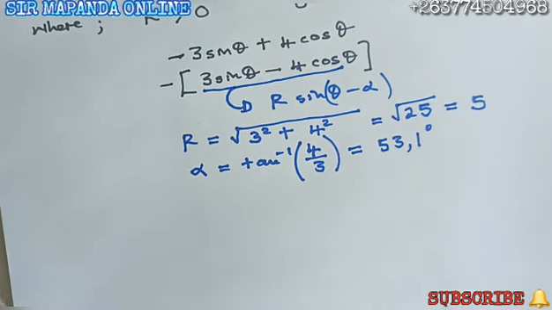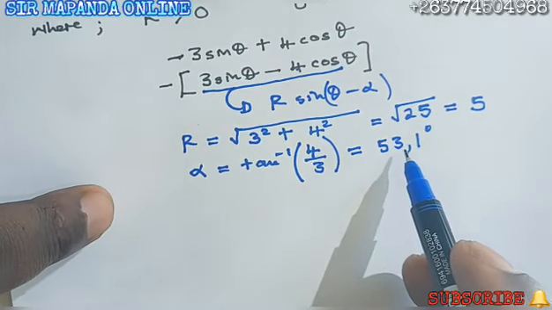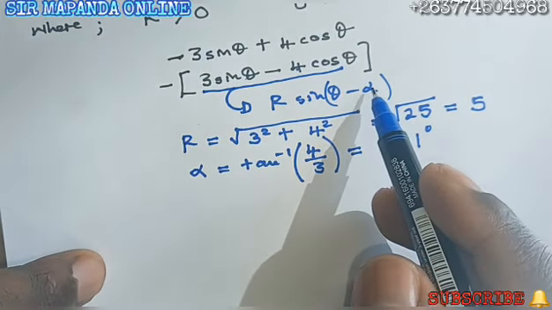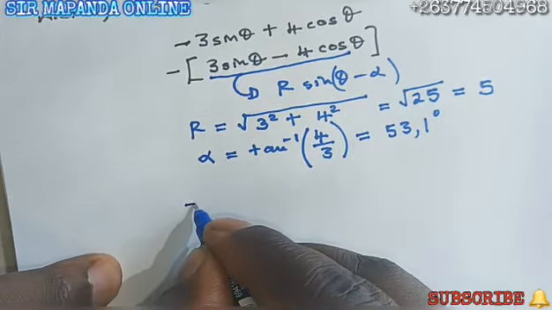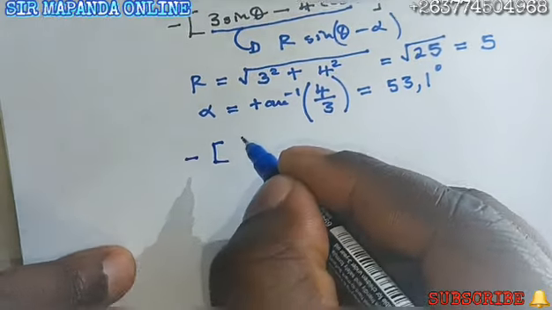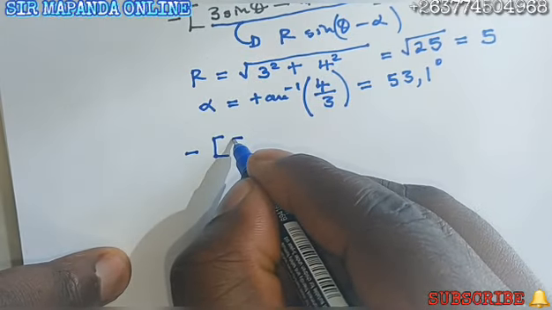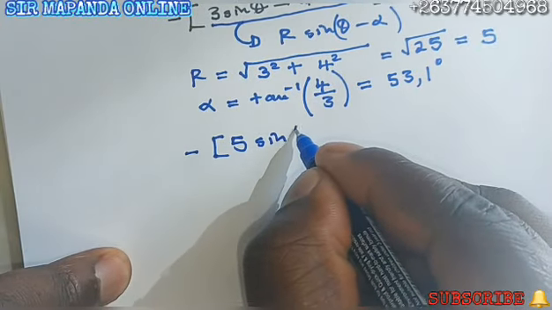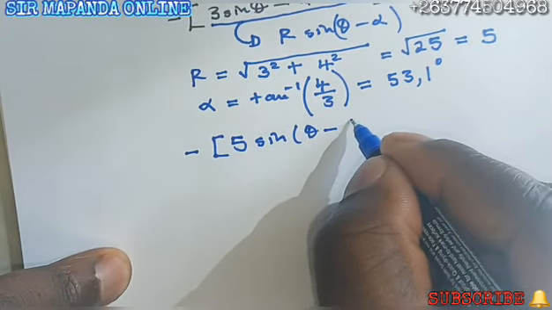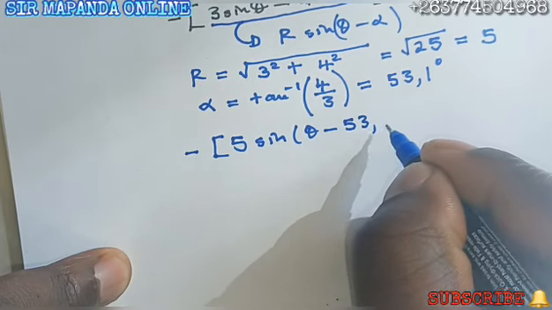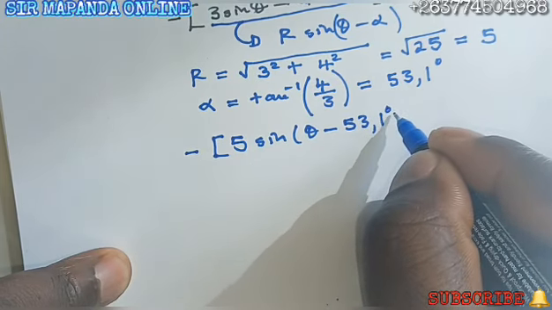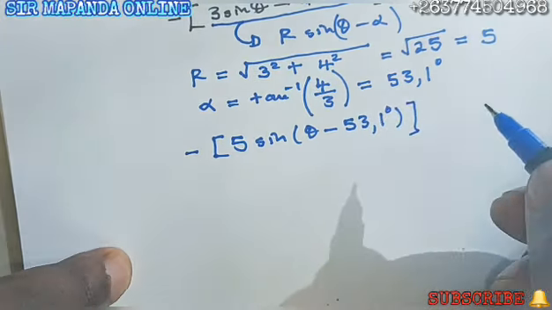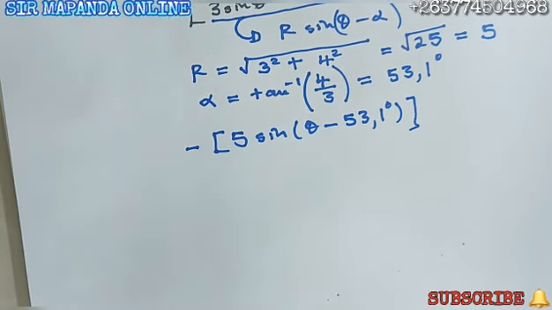So 53.1 degrees is representing alpha. So you get minus, open bracket, r is 5, then sine, open bracket, theta minus 53.1 degrees. I hope you are following, class.